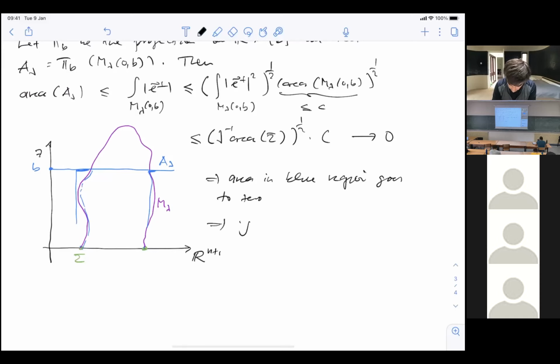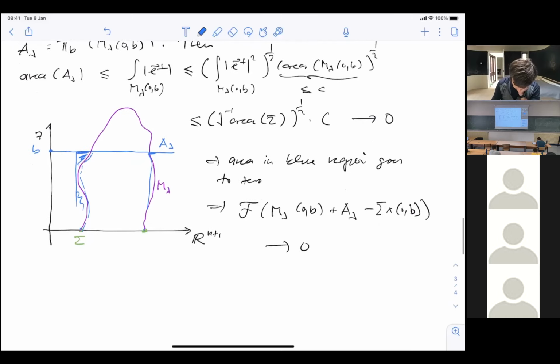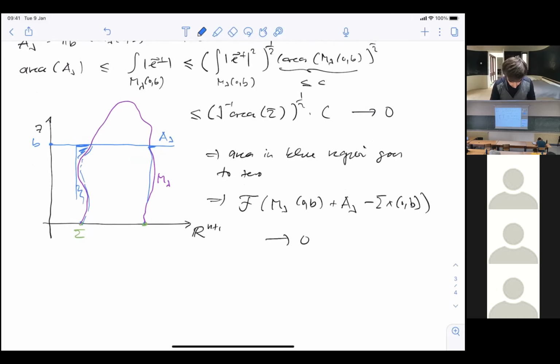We get that the flat norm of m lambda 0B plus A lambda minus sigma cross 0B goes to 0. Exactly, this bit here will go to 0. So this whole bit here, that area will go to 0.